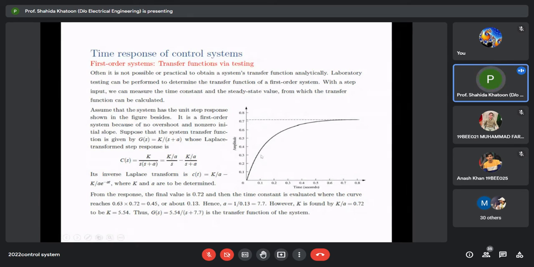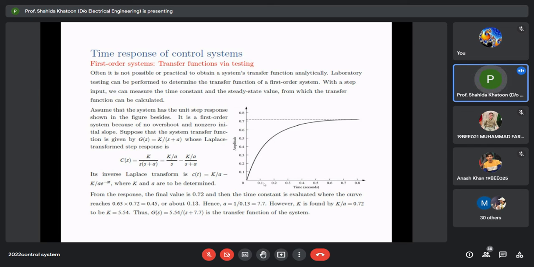If you graphically calculate this, you will get a time of 0.13. Therefore, a equal to 1 upon 0.13, that is 7.7. However, k is found by k upon a equal to 0.72. So k gives the value of 5.54. Therefore, G(s) becomes 5.54 upon (s plus 7.7), which is the transfer function of the system.